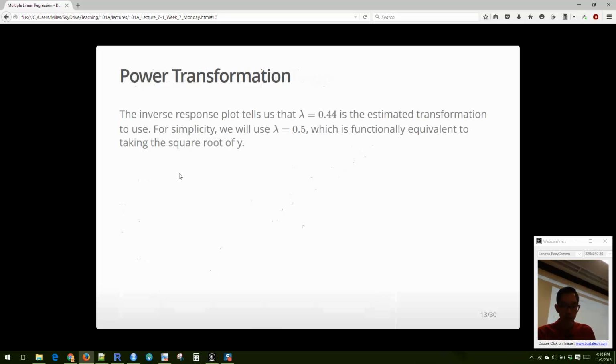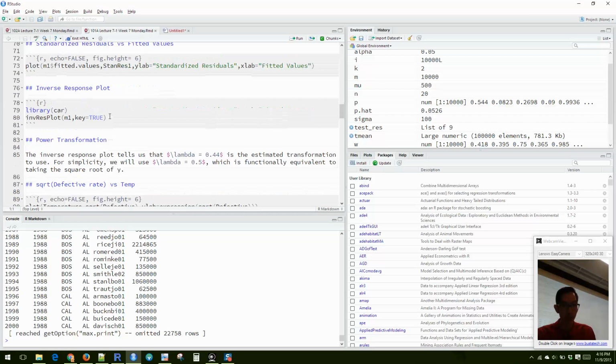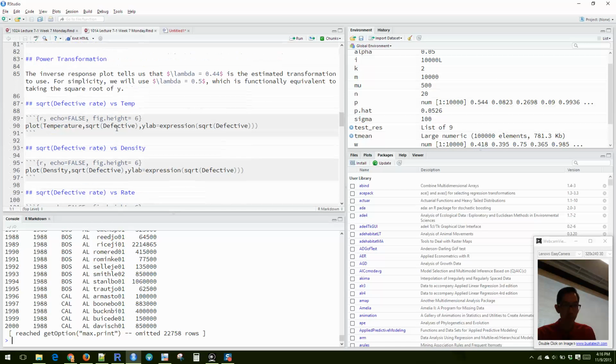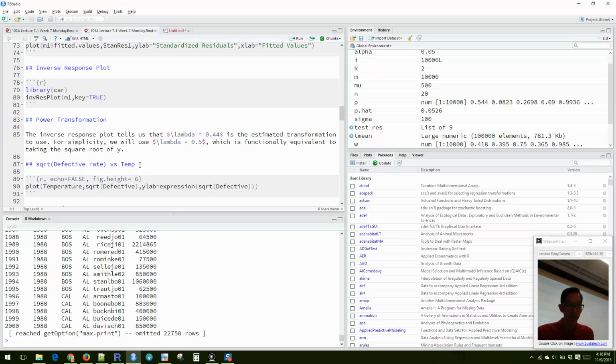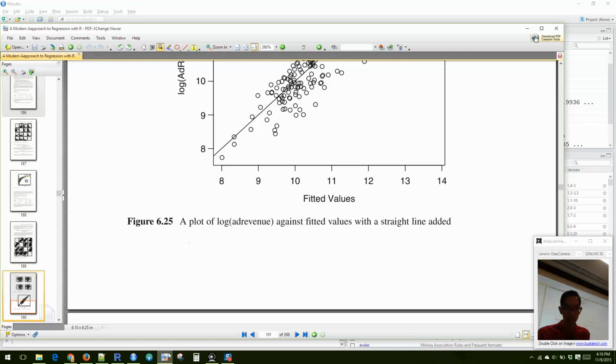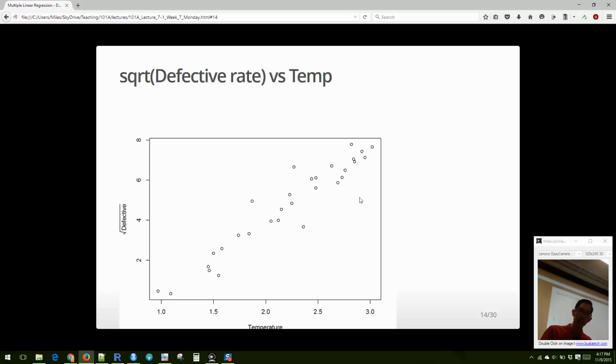Here I'm plotting temperature versus the square root of the defective rate. All I've done is take the square root of the defective rate, and if we do that, it does seem to kind of straighten it out.